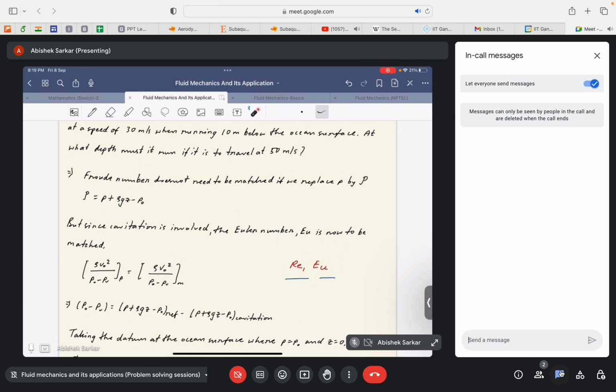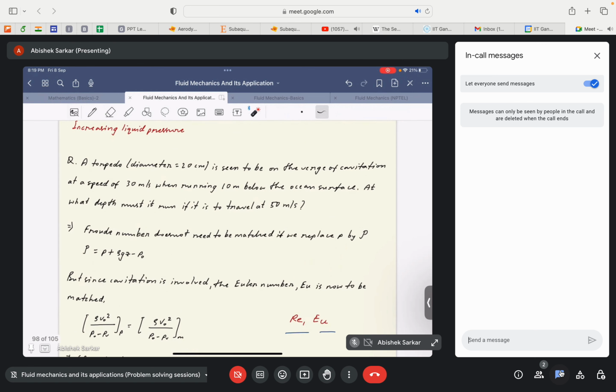So here you can see that it is cavitation that is the driving factor of design, because once the torpedo suffers cavitation, it is quite detrimental for it. So the design criterion for this torpedo is the cavitation pressure, and we want to avoid that. That is more important than comparing the inertial forces and the viscous stresses in the case of Reynolds number.